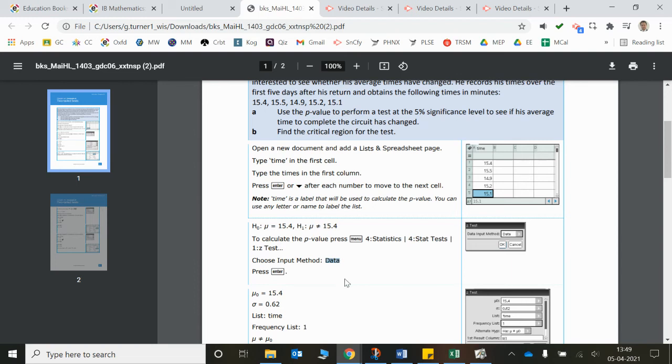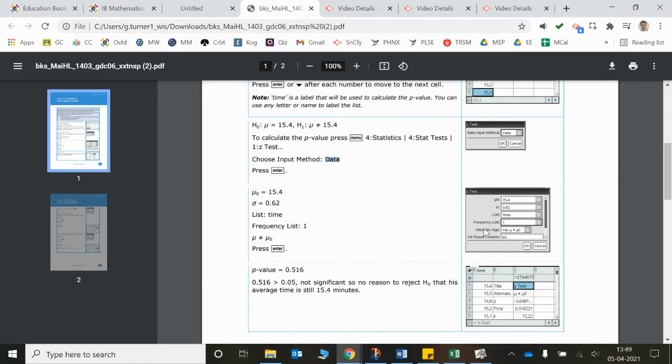In this case, use a data method of entry, and you can use the null hypothesis, mu is equal to 15.4. Sigma is 0.62. Again, they're doing the central limit theorem and the X bar distribution for you because you're entering the number of pieces of information for them.